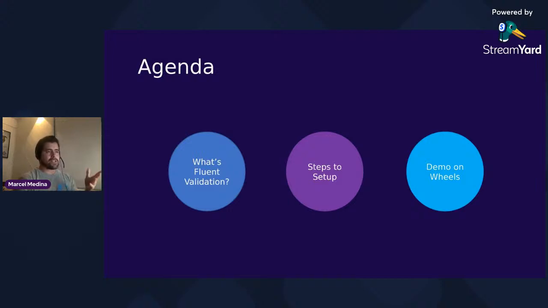But we're gonna explore just conceptually what's Fluent Validation, steps to set up, how you can hook up this library to your solutions. I put demo on wheels because I'm gonna demo two parts: the quick starter, and the continuation of the previous session, SecureS as a mediator in Fluent Validation.